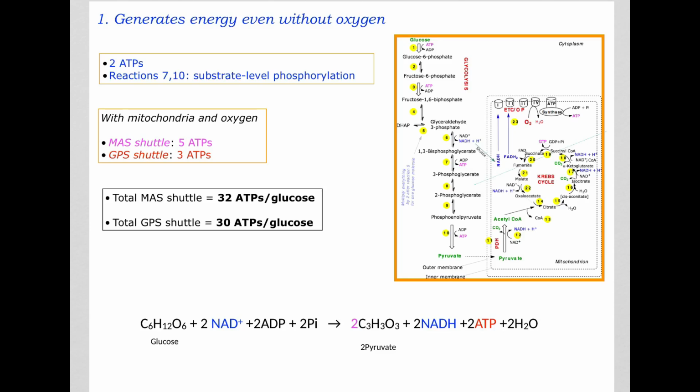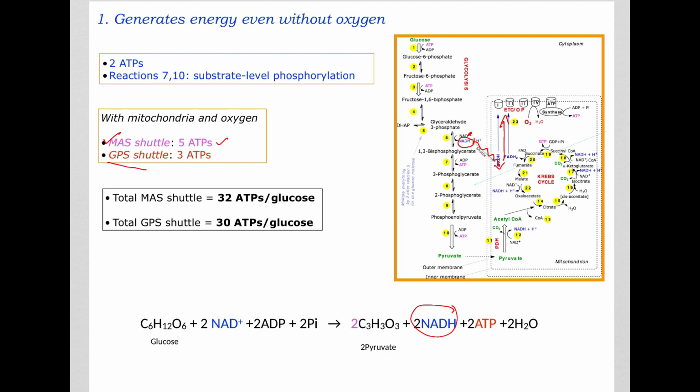Now, if oxygen is available and the cell has mitochondria, then glycolysis also produces NADH. This NADH, as explained before, can enter the mitochondria and provide us with extra ATP. If the cell uses the MAS system, the shuttle, to transport the cytoplasmic NADH into the mitochondria, then we can get 5 additional ATPs per glucose.